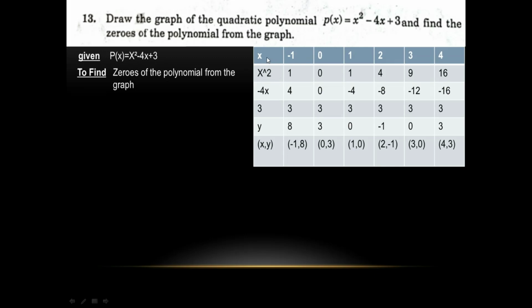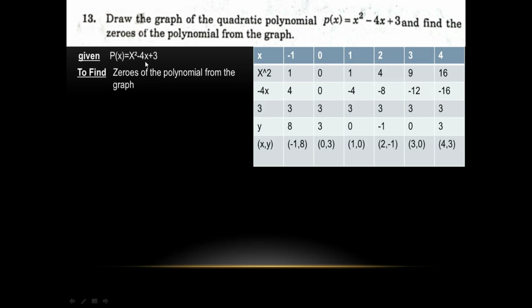Like that, we substitute x as 0, we get 0. x as 1, we get 1. If we substitute x as 2, we get x square as 4. If we have x as 3, we get x square as 9. If we take x as 4, we get x square as 16.